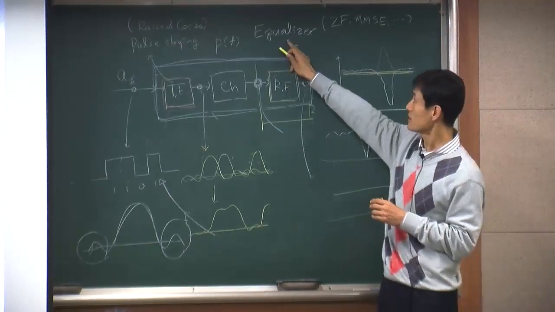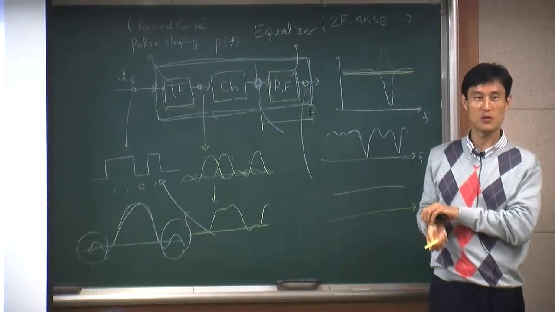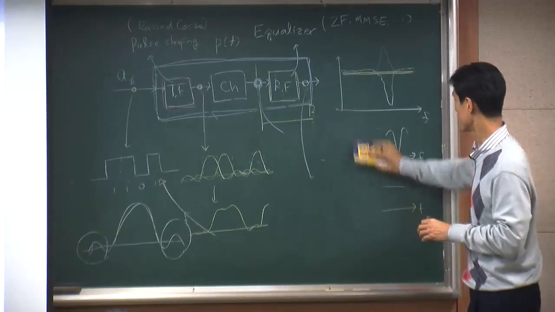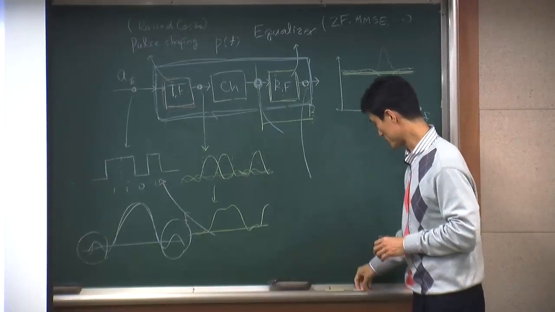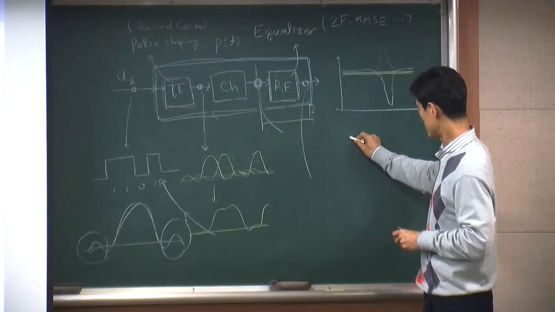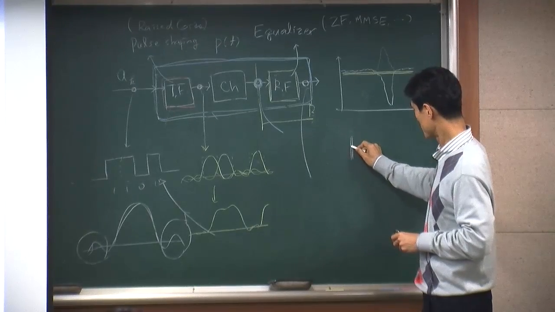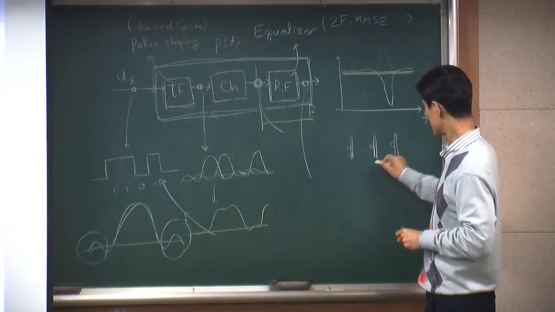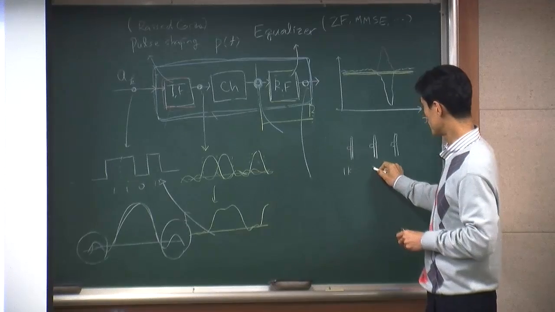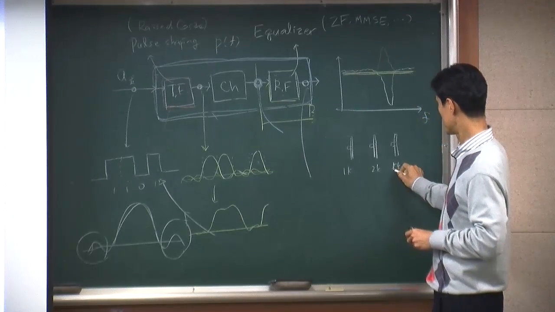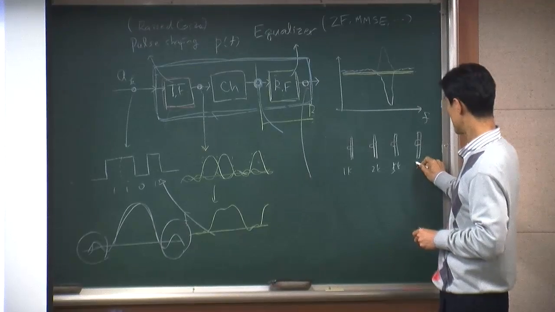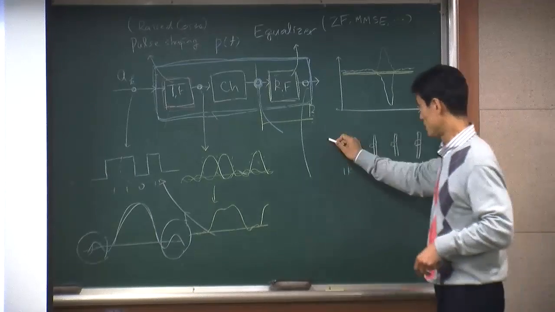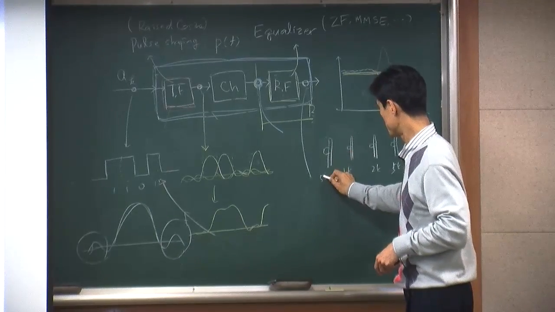You may have seen the equalizer in an audio system, like the home stereo system. In audio systems, you can see a lot of bar switches, like 1 kilohertz, 2 kilohertz, 5 kilohertz, 10 kilohertz, or a little bit lower, like 500 hertz.